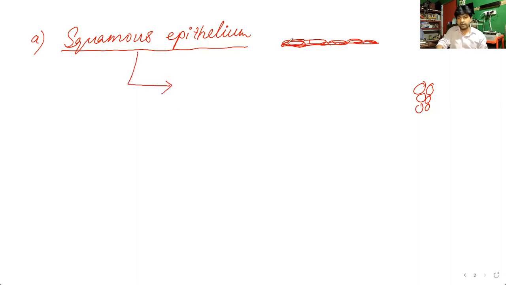As I said, here the epithelial tissue is arranged in one layer, but sometimes we get stacks also, more than one layer. This is called the stratified squamous epithelium. This word stratified is used there.